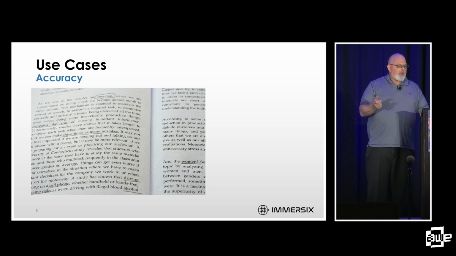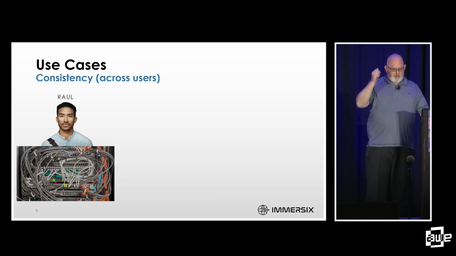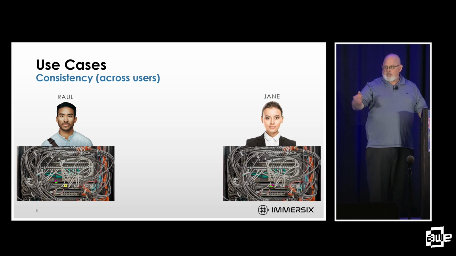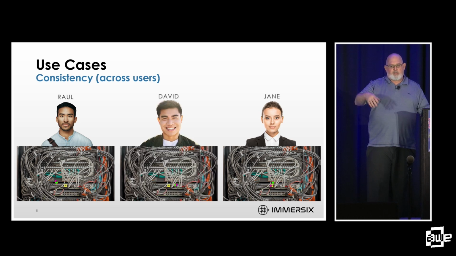I'm saying that you need to achieve that level of accuracy all the time with everyone, which brings me to the next slide. The problem is, we just saw at the rack example, the first person, and he sees it like that. At the same time, with the same hardware, with the same eye tracking, on the same day, you take it off him and put it on Jane. It works way better. And then you take it off Jane and put it on David.